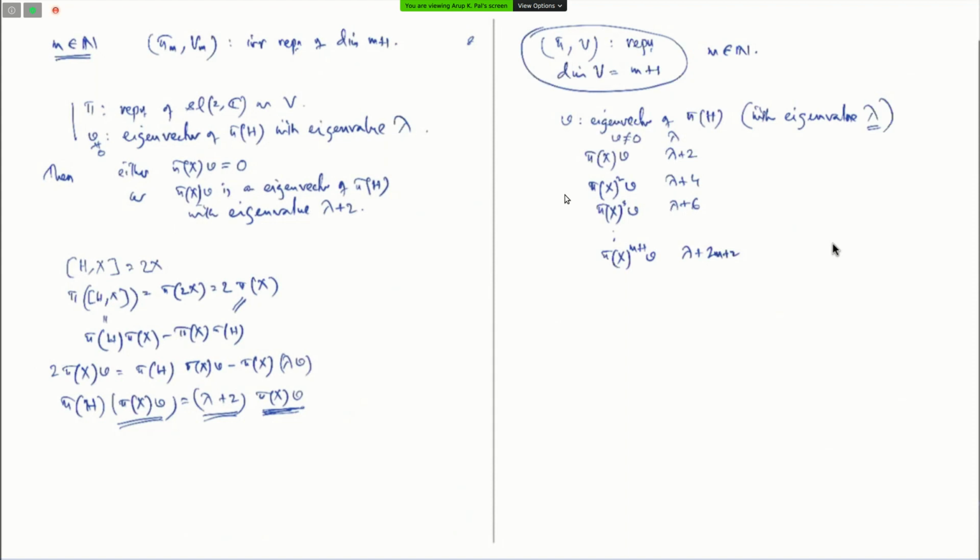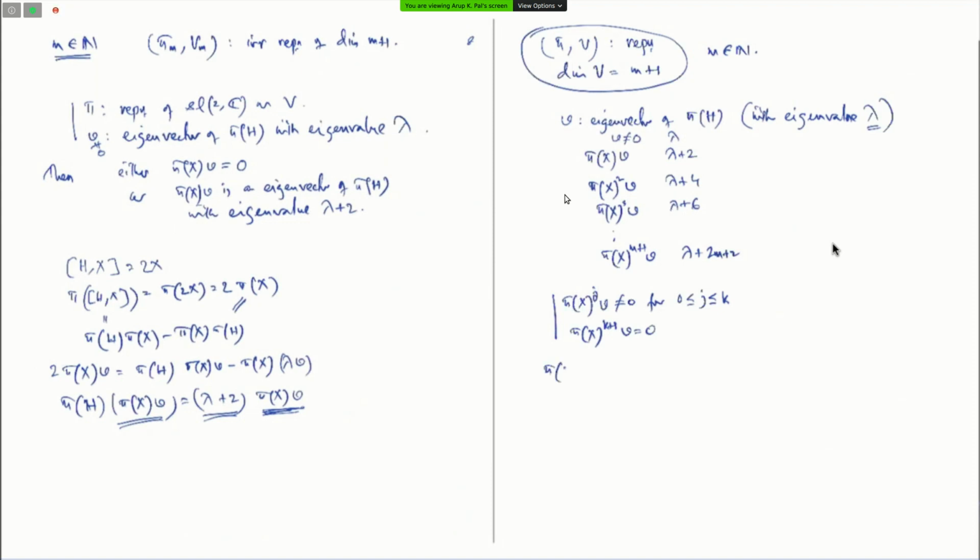So now look at the last non-zero one. The first time it will be 0 at some stage.